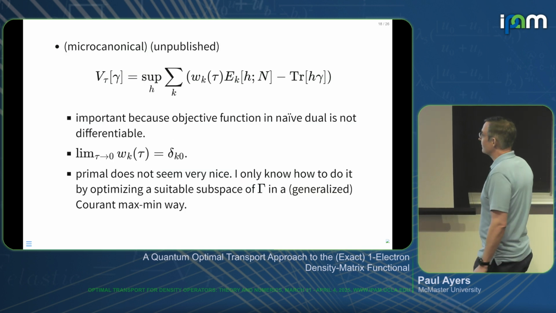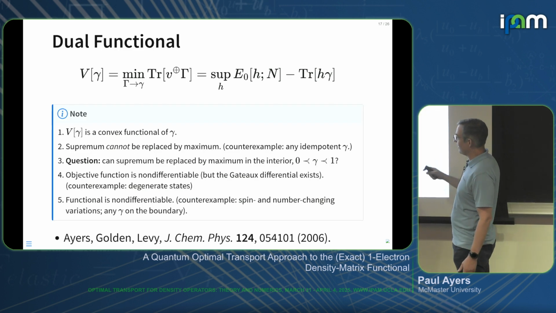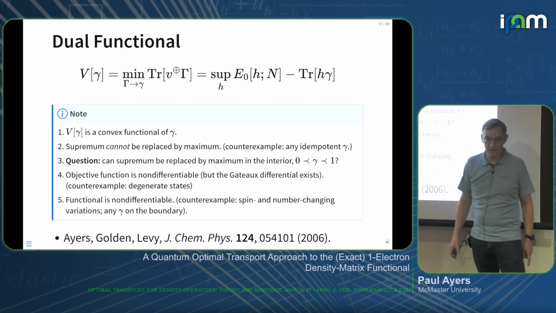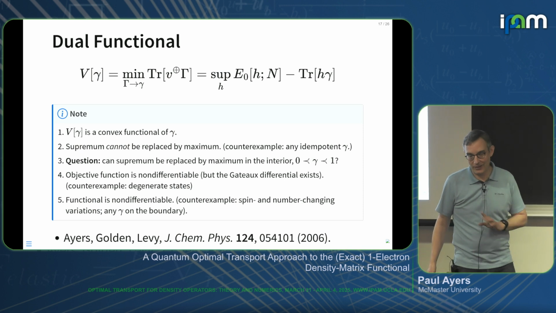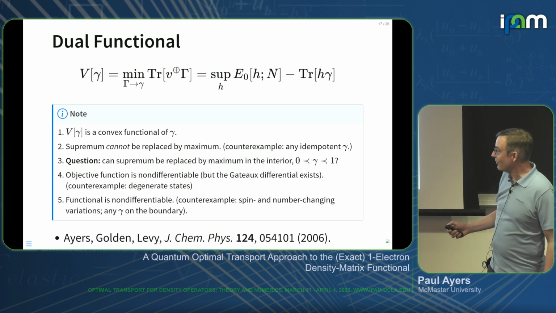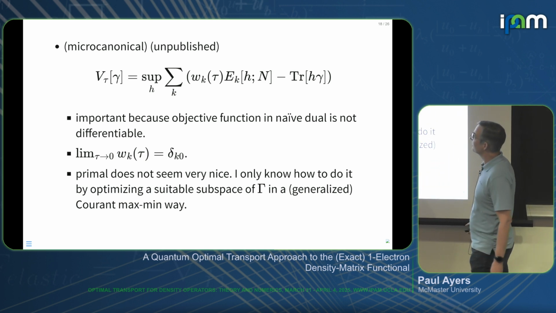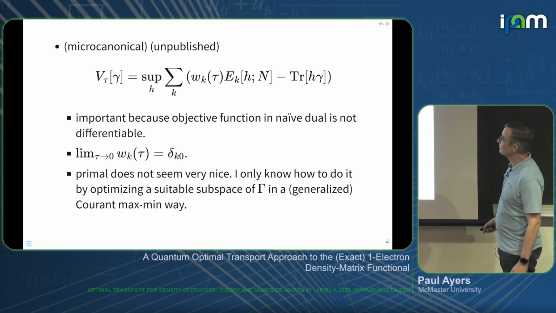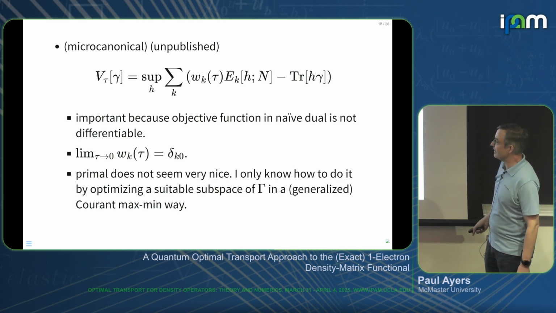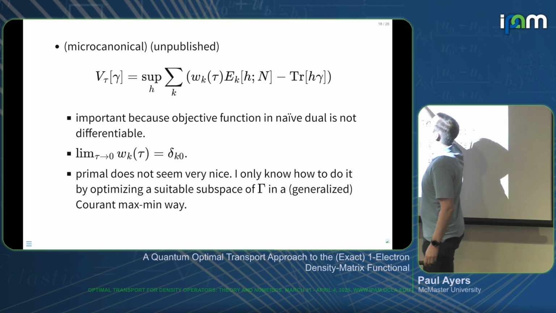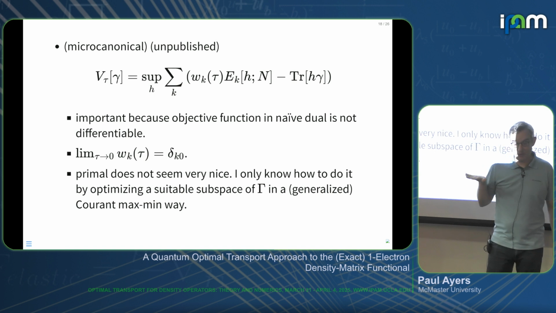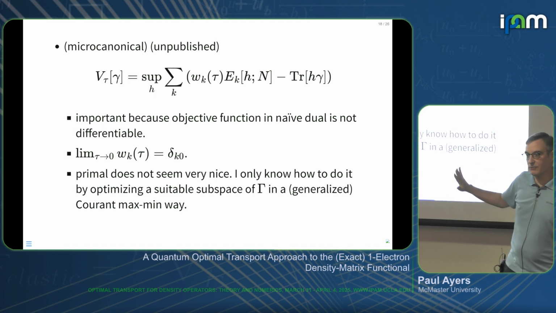Because its objective function is non-differentiable, if I want to do anything practical, I have to fix that somehow, right? I'm going to tell you a couple of ways that we fixed it. The first thing we did is we said, why don't we, instead of using the ground state energy, just thermally average our energies.